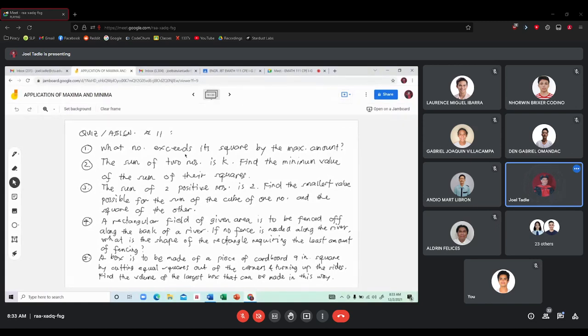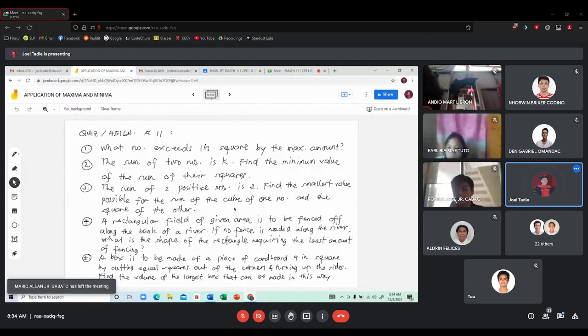I will give you 20 minutes to answer these 2 problems. What number exceeds its square by the maximum amount? Second, the sum of two numbers is k. Find the minimum value of the sum of their squares. Please turn on your video while answering this set work, guys. I will give you 20 minutes to answer this.